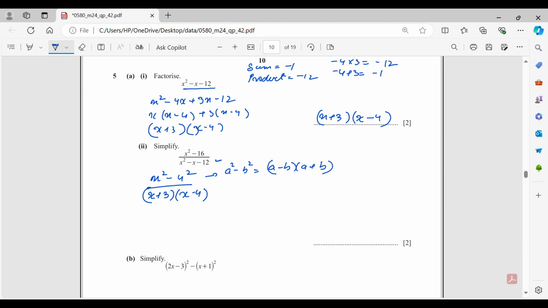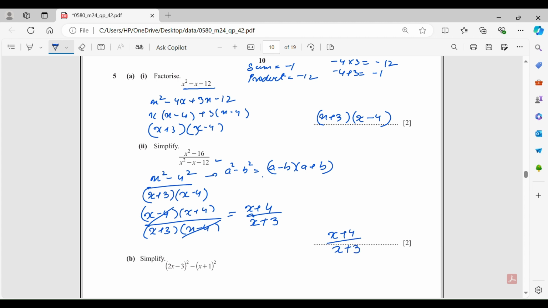So this will be x minus 4, x plus 4 over x plus 3, x minus 4. We will cut it down. This will be equal to x plus 4 over x plus 3. So our answer is x plus 4 over x plus 3.